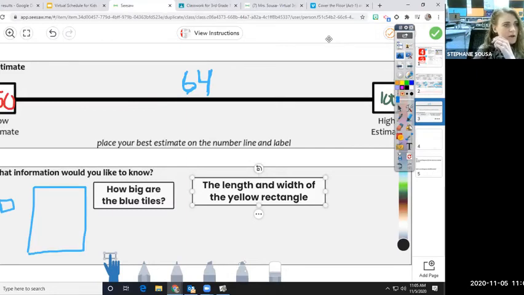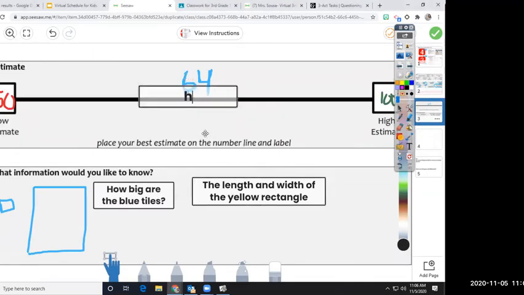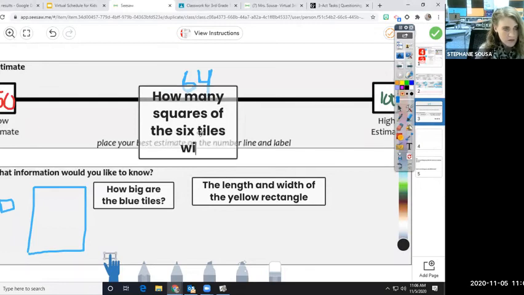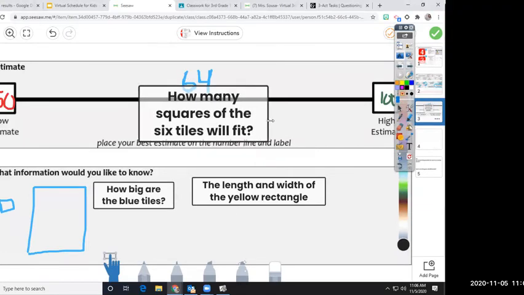Uh-oh, where'd my recording go? There it is. So we also need to know how many squares of the 6 tiles will fit. Okay, awesome. Anything else that we might need to know?